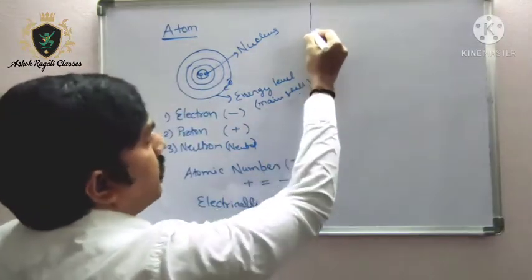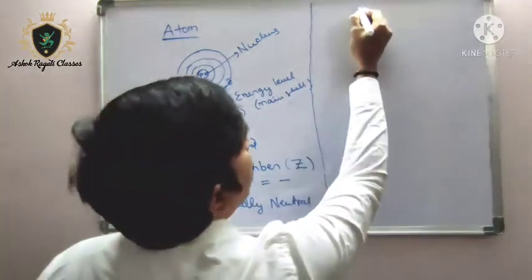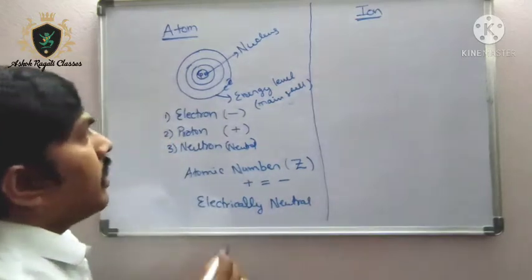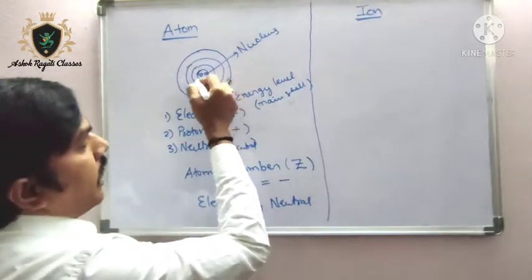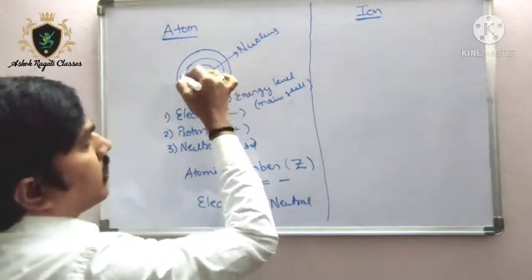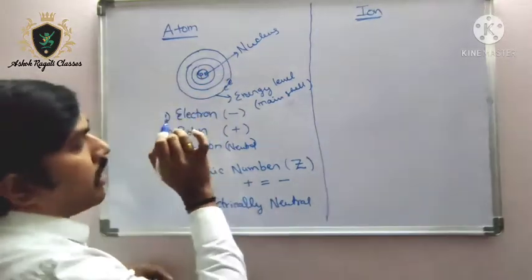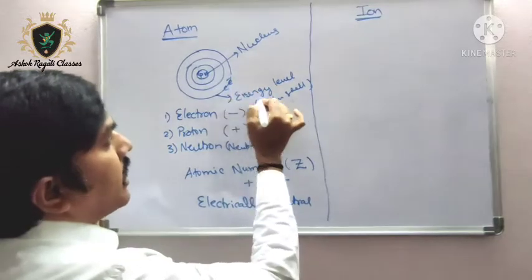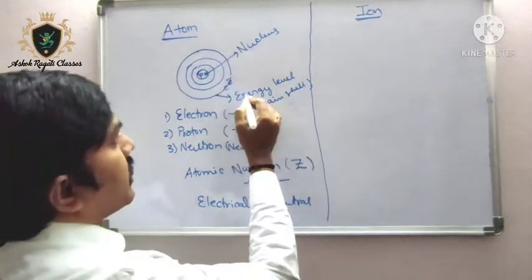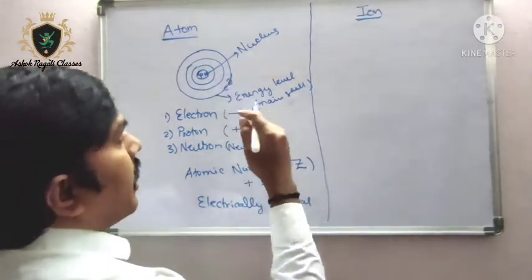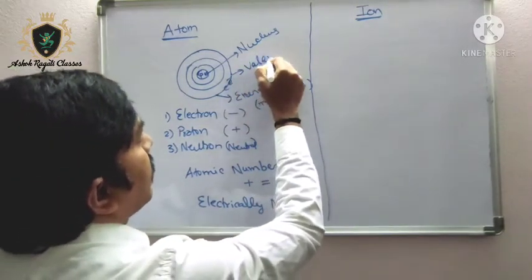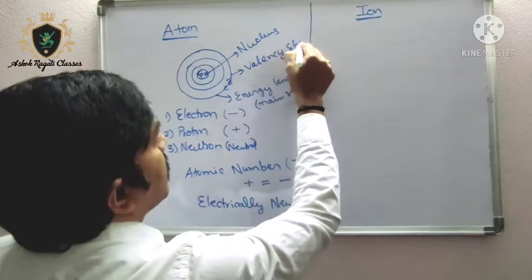Okay, now come to ion. In an atom, electrons will revolve around the nucleus. Here these are all called energy levels, or energy shells, or main shells. The last shell is called the valency shell.